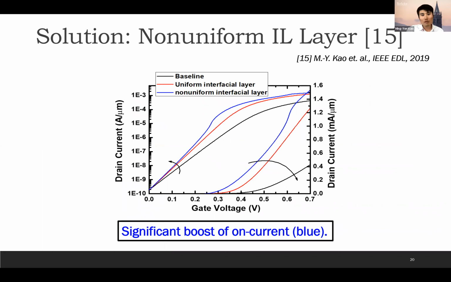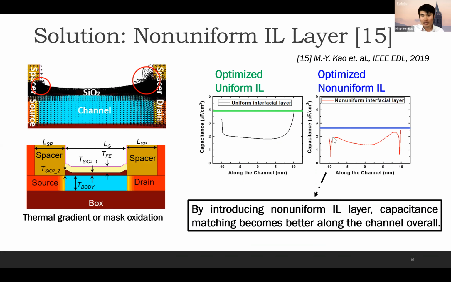Yeah, one of the reviewers in our peer review process did ask that question, so we took a deeper look into that, and it was because of better capacitor matching. As you know, the inversion will start from the source and go to the drain.